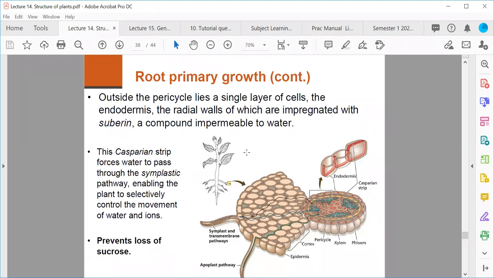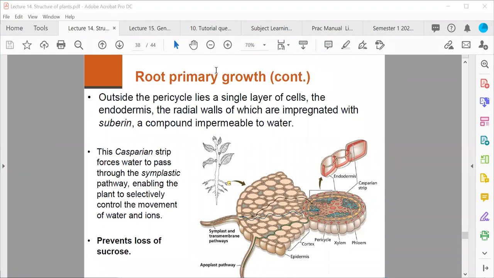So outside the pericycle lies a single layer of cells, the endodermis, and these are highly specialized cells, because the radial walls of these cells are impregnated with a substance called suberin. And this is a lipid type substance which is impermeable to water.